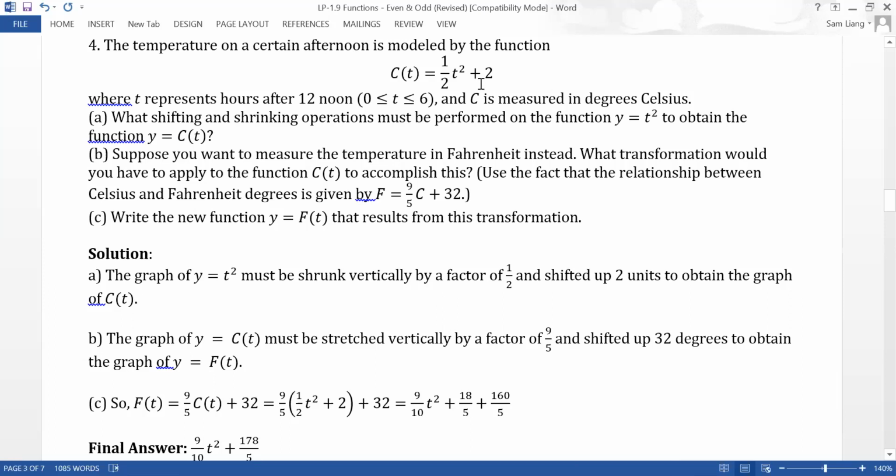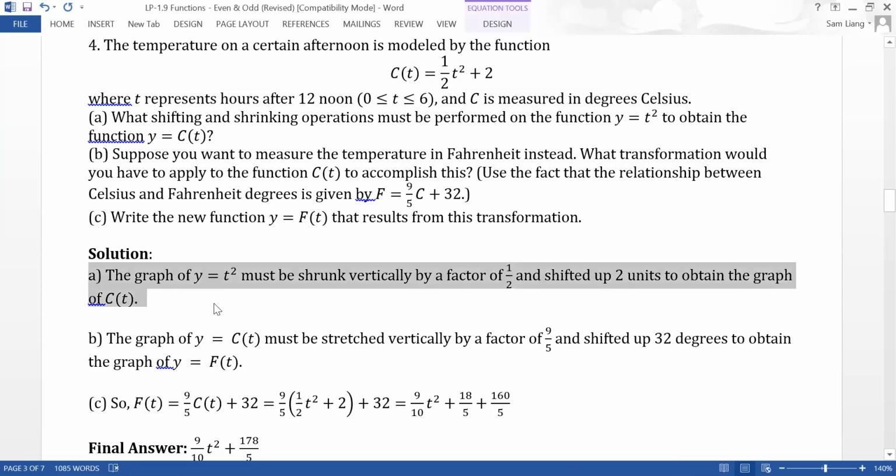Actually, let me backtrack. Not every value gets halved or decreases. If you had the point 0, 0 on the graph, that wouldn't get decreased, it would stay the same. But anyhow, you guys know what I mean. That's your answer for part A.